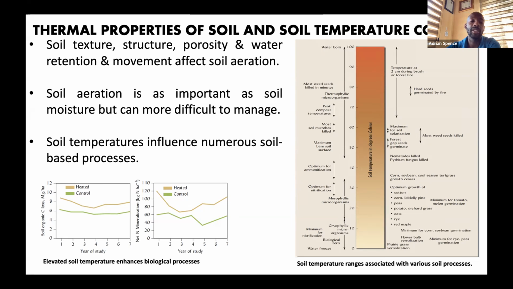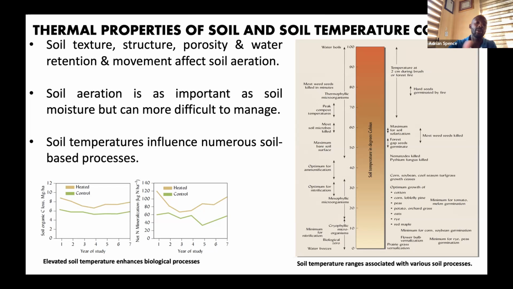All right, so if the temperature at which this occurs is at its optimum, then it will be most efficient. And if temperatures are low, then the efficiency will also decline. And this here just basically shows you a number of processes and how they are impacted by temperature. But as I said, it's a little bit more difficult to regulate soil temperature, or at least less attention has been paid to regulating soil temperature than, say, soil moisture.